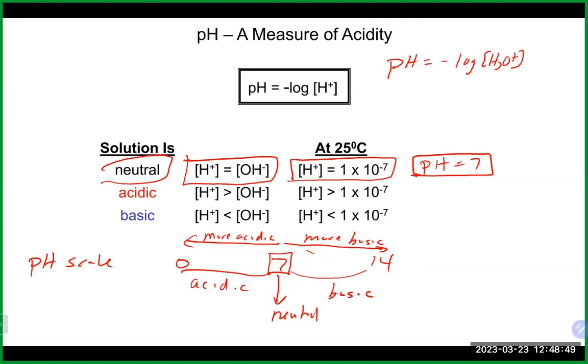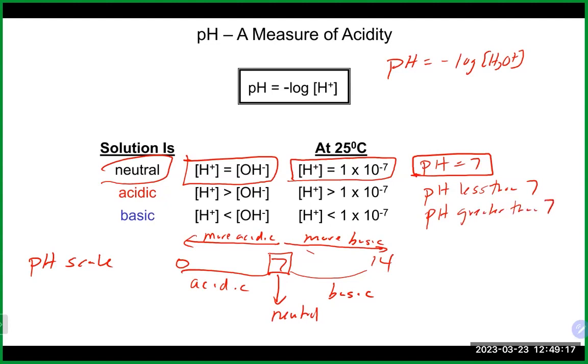If it's a little bit above 7, it's slightly basic. If it's a little below 7, it's slightly acidic. If it's acidic, it will have a pH less than 7, and if it's basic, it will have a pH greater than 7.